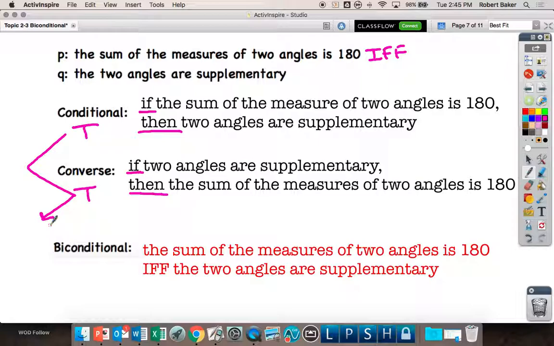So because the conditional statement is true, and because the converse is true, it allows us to write this one. Now, if you wanted to go extra and say two angles are supplementary, if and only if those two angles add up to 180, it still works. It is biconditional. You can read it forwards and backwards.